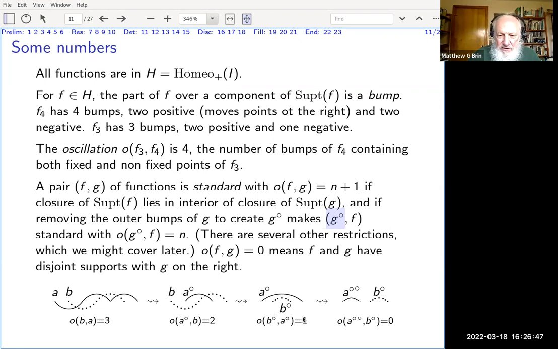You now have a pair with oscillation number 1. Now we're supposed to remove the extreme bumps of A0. Again, following the rule of not wanting it to vanish, you put a little bump where the left end was, and you have this pair, which has oscillation number 0.